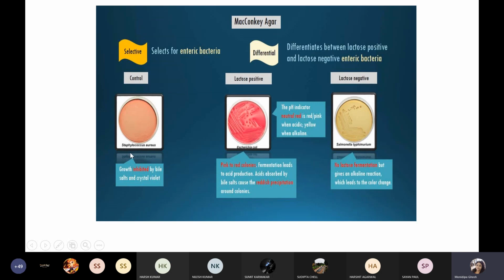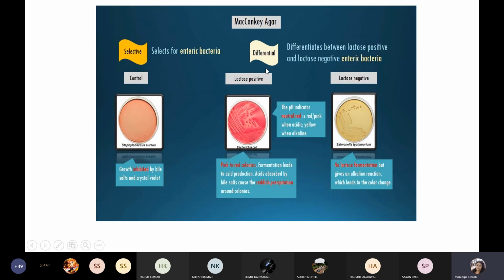So in the agar which has bile salt, the bacterial population which can't grow would give this sort of appearance, meaning there is no colony. Can you see some dotted colonies here? So it will be a control of your experiment, no growth.